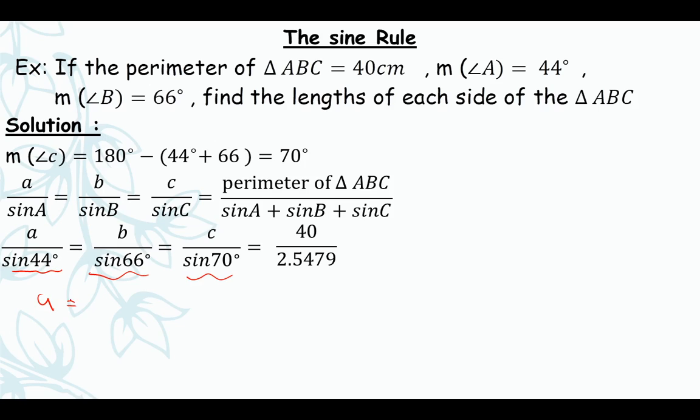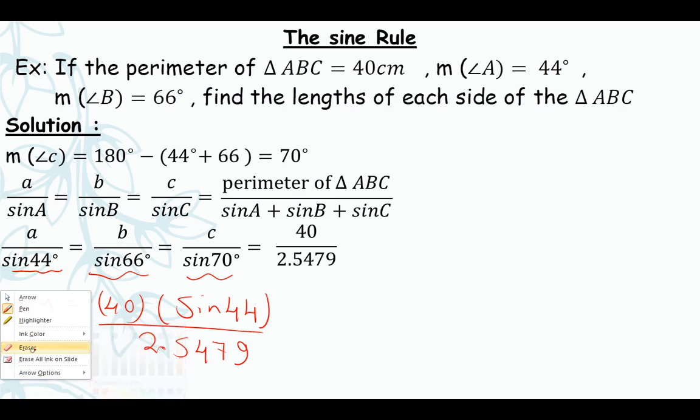Then by using cross multiplication, a equals 40 multiplied by sine 44 over 2.5479. Also b equals 40 multiplied by sine 66 over 2.5479. c equals 40 times sine 70 over 2.5479.